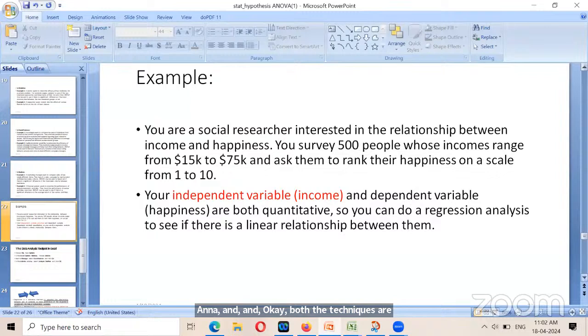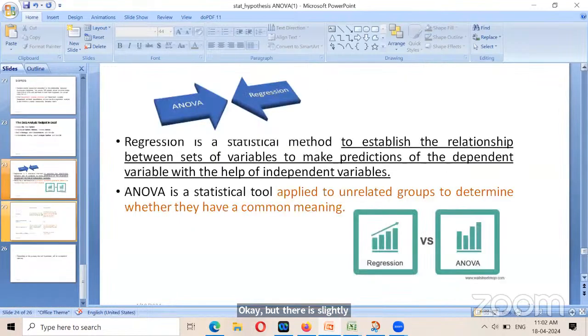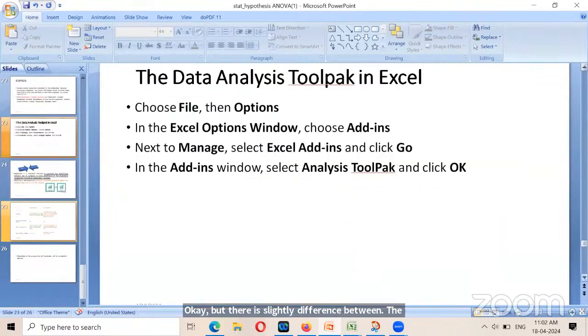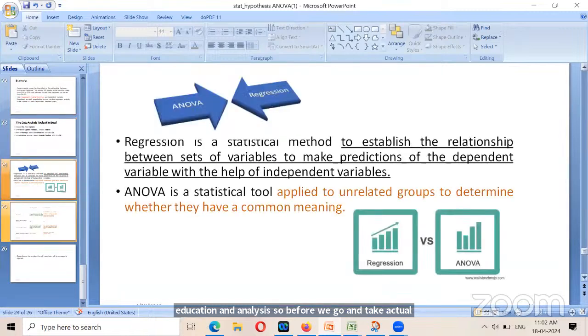Both are very heavily used in every field, like research, medicine, business, corporations, e-commerce, everywhere, and both are used on large amounts of data. Okay, but there is a slight difference between regression and ANOVA. So before we go and take an actual example in Excel, we'll quickly see the difference between ANOVA and regression.